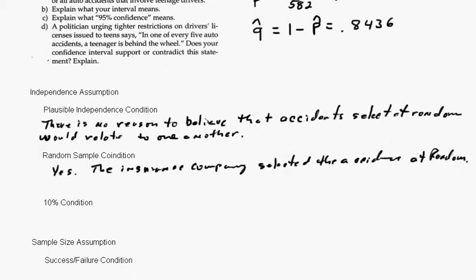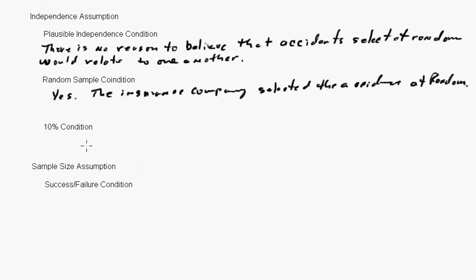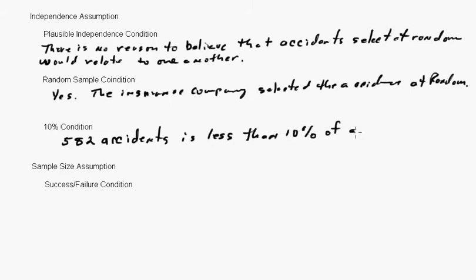The 10% condition. Well, let's see. It makes sense that 582 accidents is less than, unfortunately, 10% of all accidents.